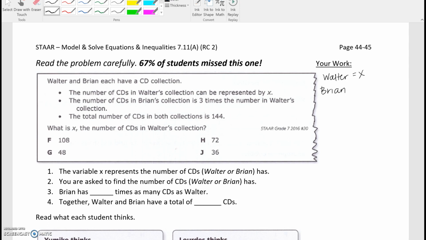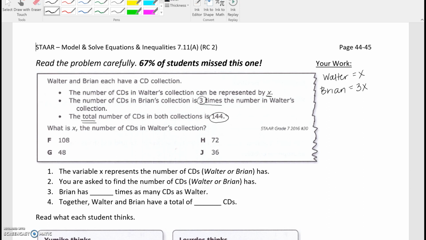Okay, then it says the number of CDs in Brian's collection, Brian, is 3 times the number of Walter. So 3 times X, right? The total number is 144, okay?